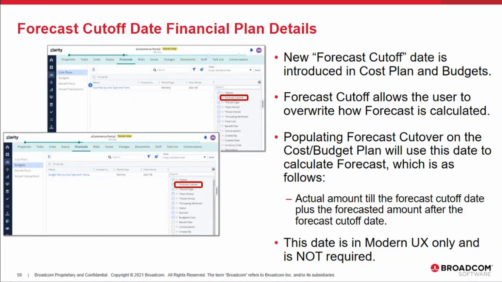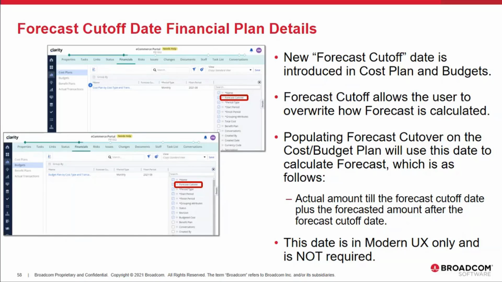To address that scenario, we have now introduced a new field called forecast cutoff date. This value can be populated at the cost plan instance level itself, so not at the details, but at the cost plan level. Once this value is populated, then the calculation for the forecast is based on this date rather than the current date.